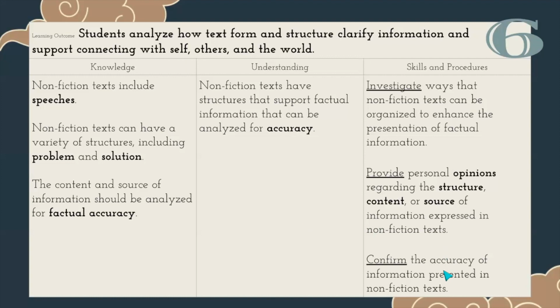They need to confirm the accuracy of information presented in nonfiction text. So talking about ways that we can confirm the information that we're given, what is a reliable source, what is factual accuracy, and the nonfiction text include speeches, which links directly again into that oral language oracy piece. So you're going to draw some connections there.